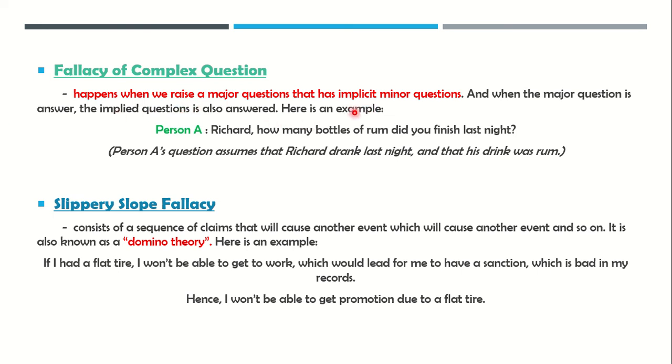Here is an example. Person A says, "Richard, how many bottles of rum did you finish last night?" Person A's question assumes that Richard drank last night and that his drink was rum. So, it's like hitting two birds with one stone. You're trying to make a conclusion by just asking one question.